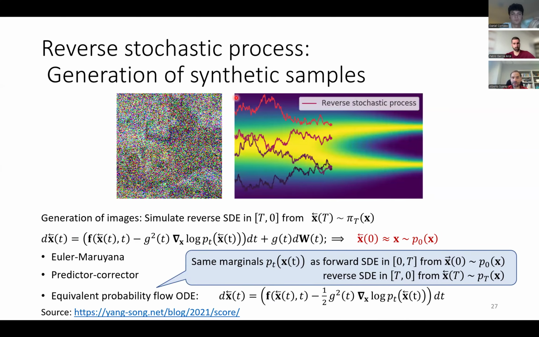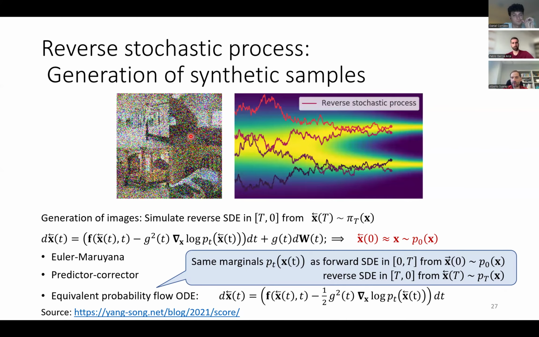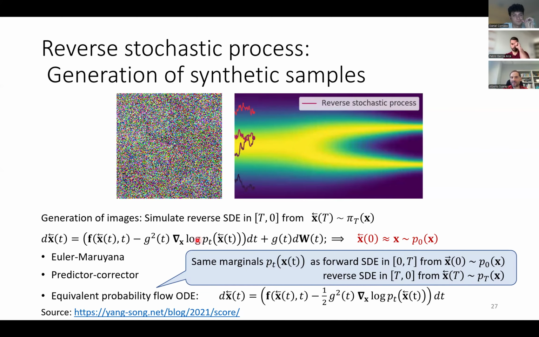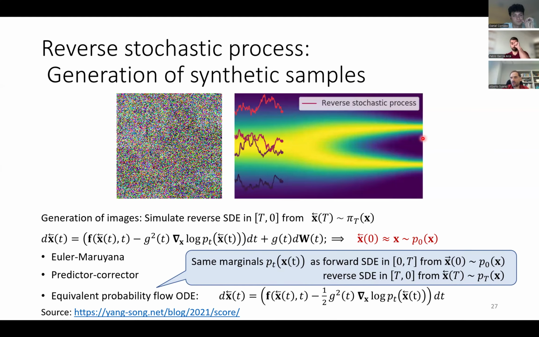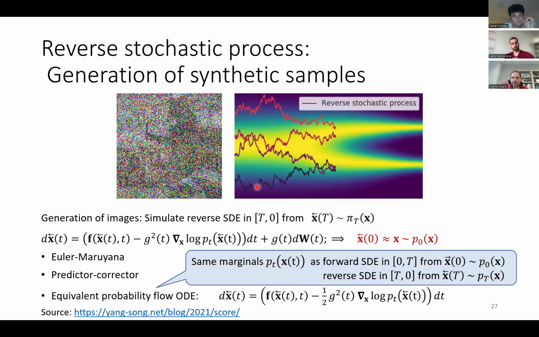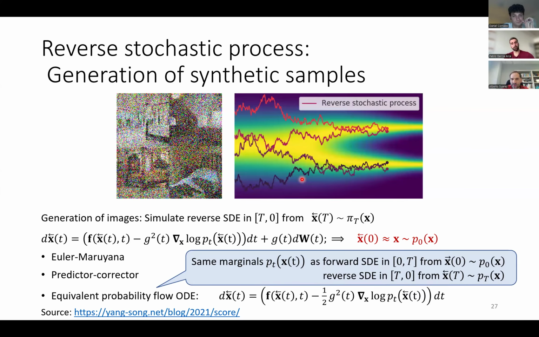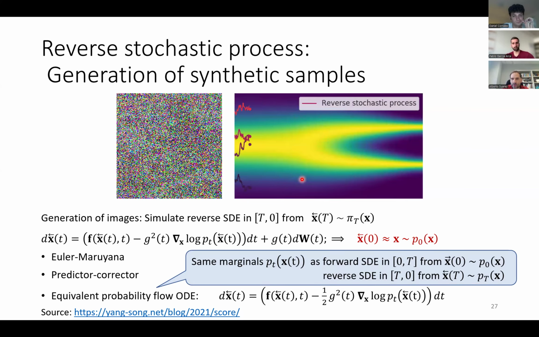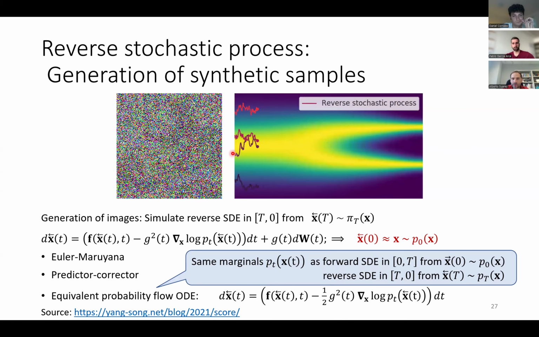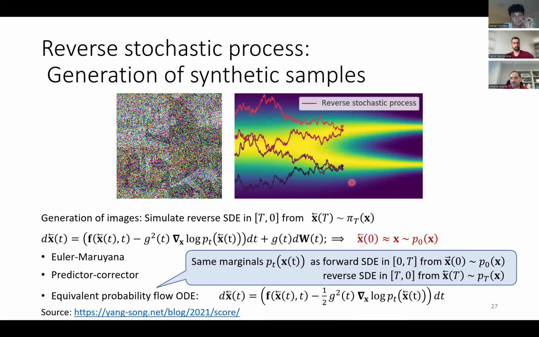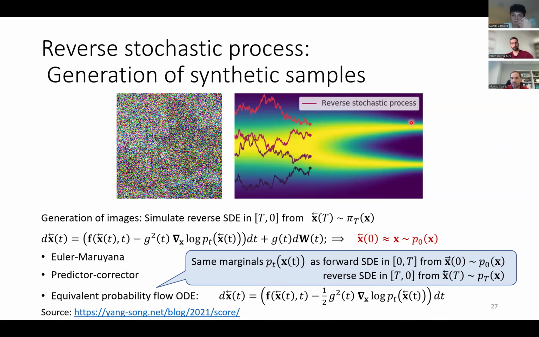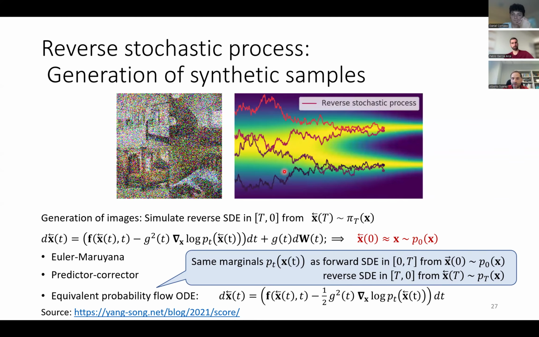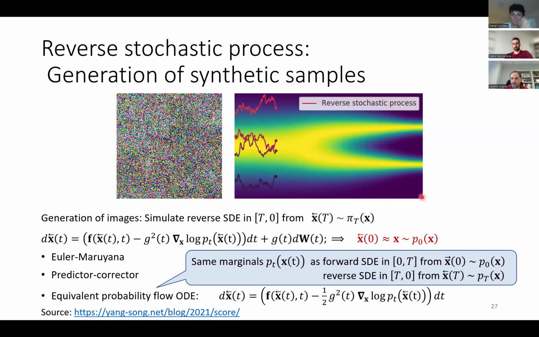And the score network, which is trained, is actually guiding the process so that it ends up at one of the modes. I don't know to which one it will go. I mean, notice that this one starts here, eventually goes there, but this one starts there, it goes there. At each time, this is a stochastic differential equation. So you could actually start here and end up there. The idea is that you don't start here and end up here where you don't have any density.